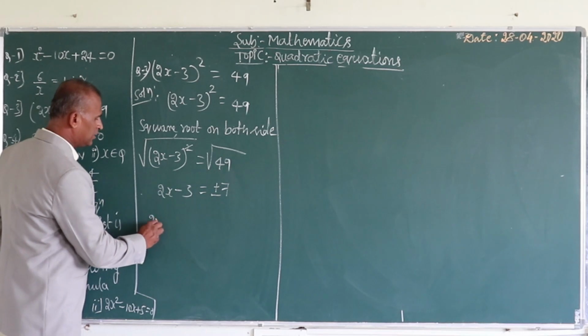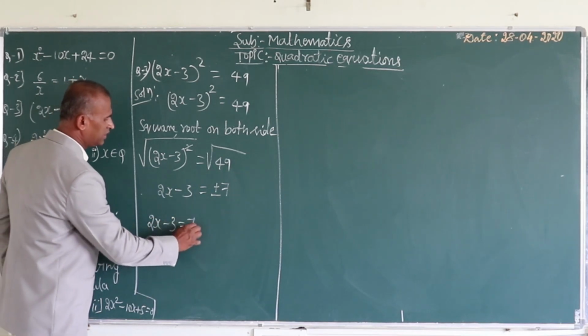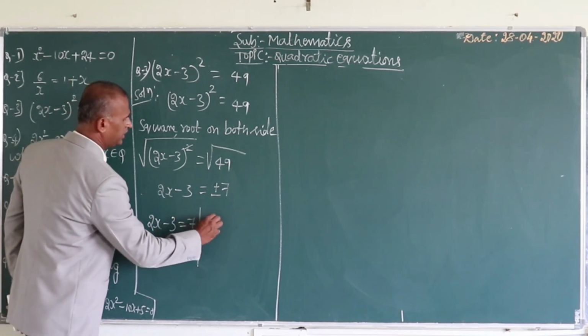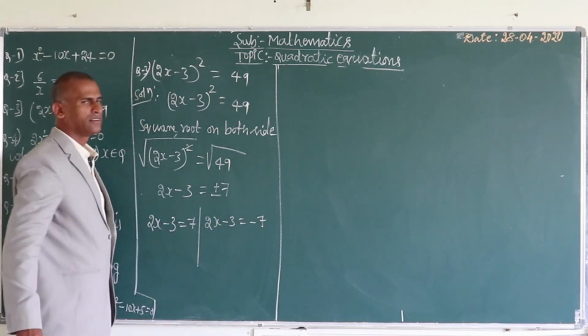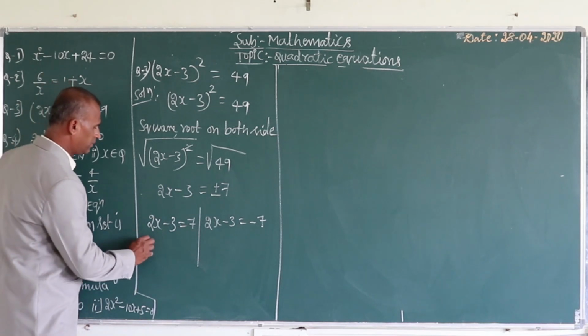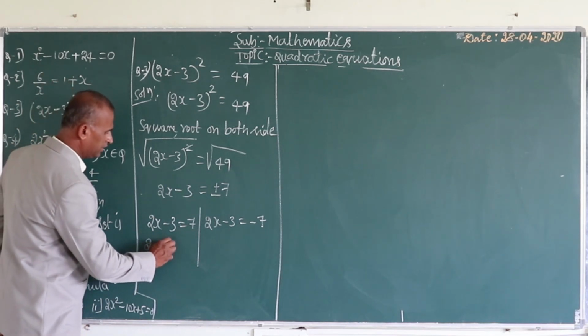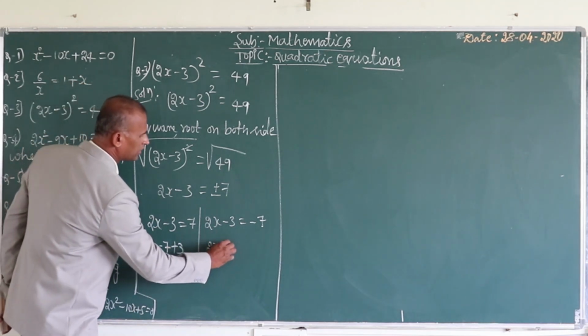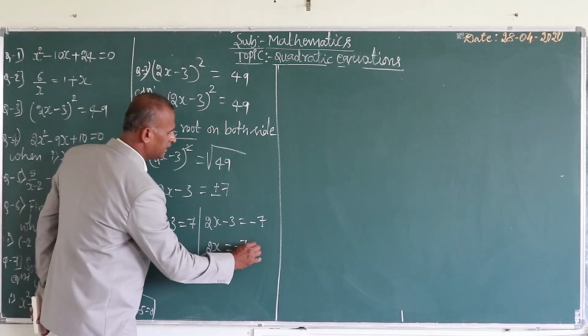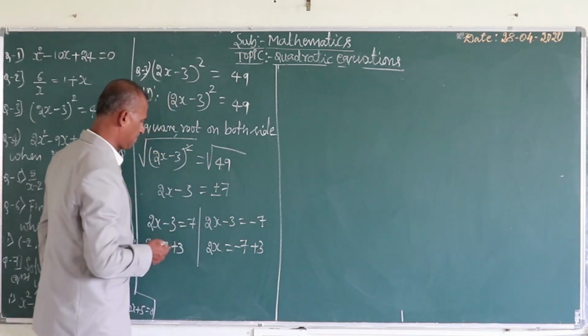One is 2x minus 3 is equal to 7, and the other is 2x minus 3 is equal to minus 7. Now 2x is equal to 7 plus 3, and 2x is equal to minus 7 plus 3.